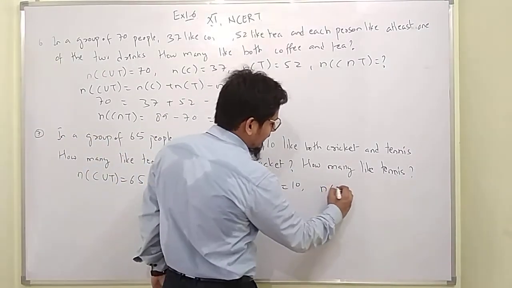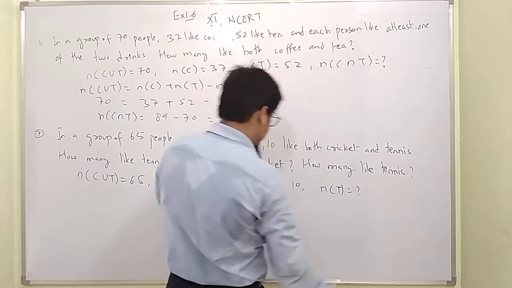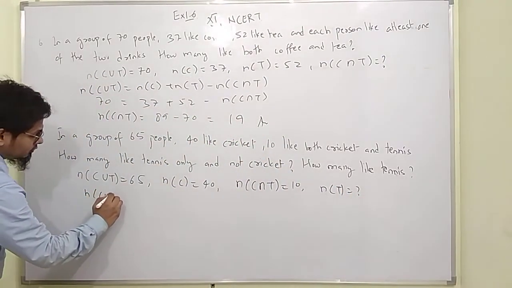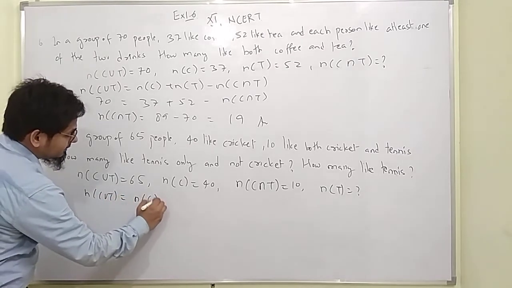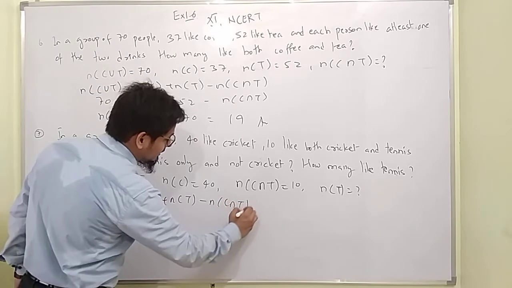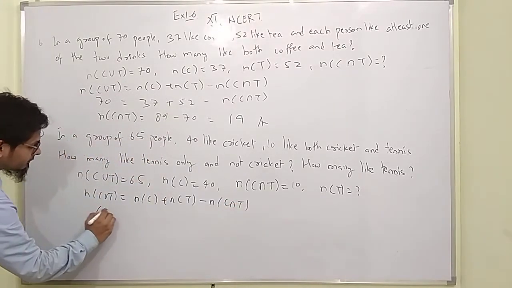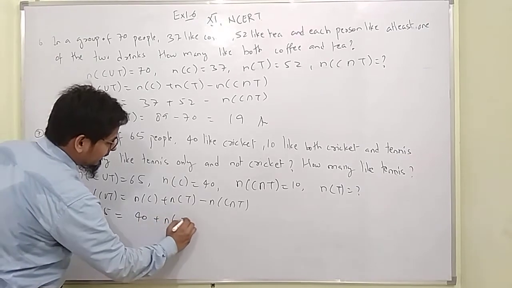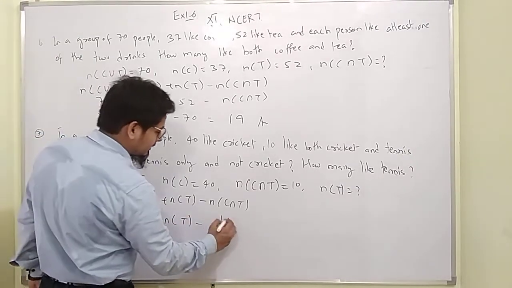First I will find n(T) from these results. n(C union T) is n(C) plus n(T) minus n(C intersection T). Put the values: 65 is equal to 40 plus n(T), which we will find out, minus the intersection, which is 10.